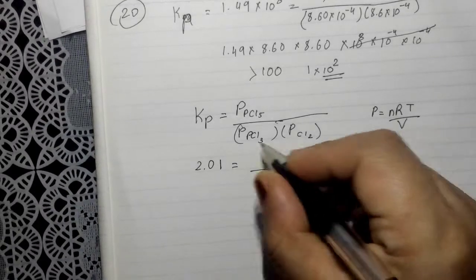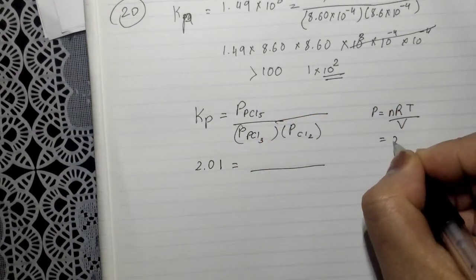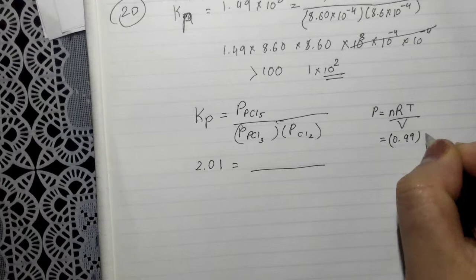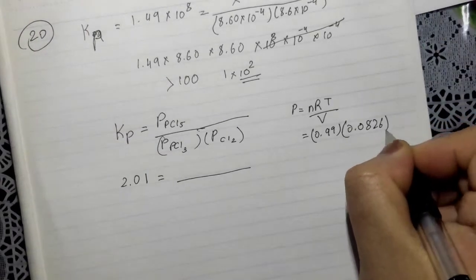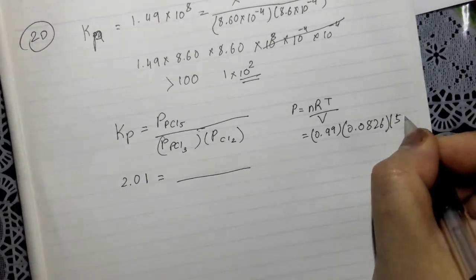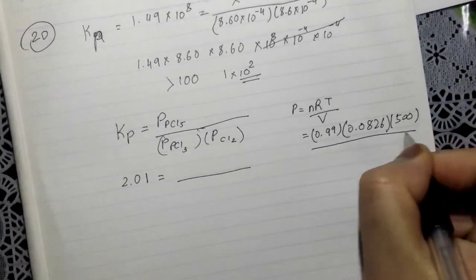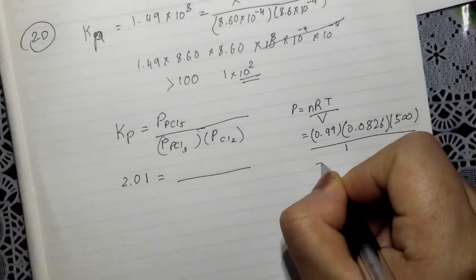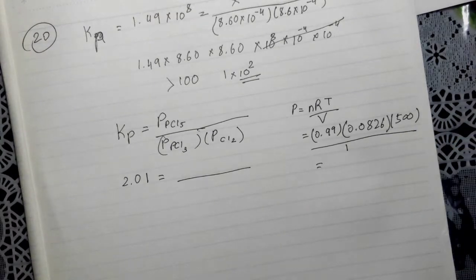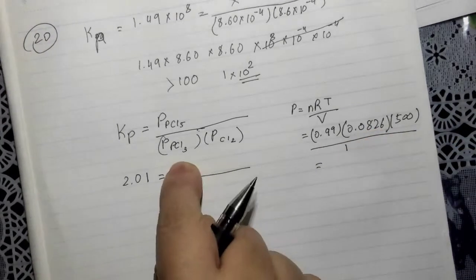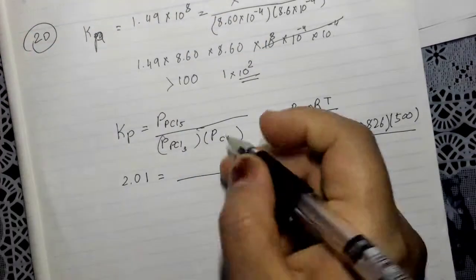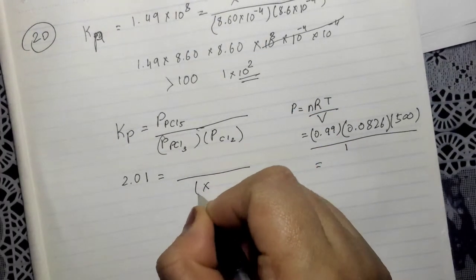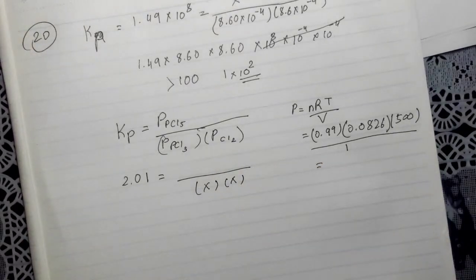So P for this is going to be 0.99 times my R, which is 0.0826 times T here, which said 500, divided by V, which is 1 liter. You're going to solve for that, and then that's going to go to here. These two are the same because the coefficients are the same, the power is the same, so we can say that this is x and this is x to make it easier.